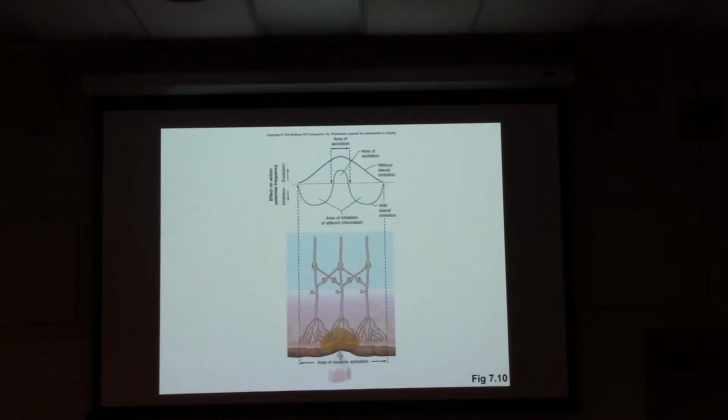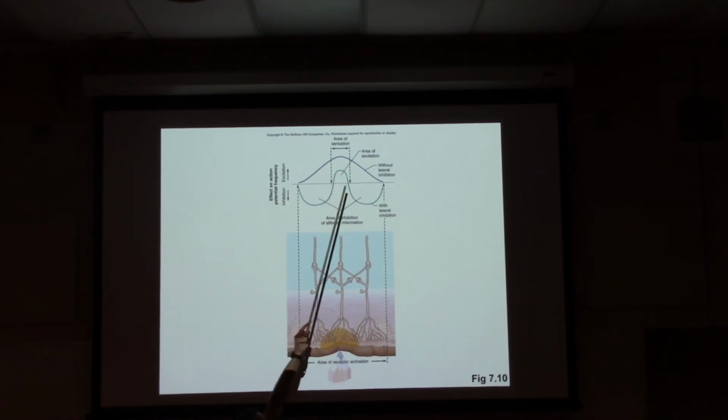This is just another way of representing what we just talked about. Here we're getting stabbed by a pencil, and the center neuron is going to take most of the stimulus, and we've got this lateral inhibition going on to shut down the neighboring neurons. The blue curve at the top shows what the response would be without lateral inhibition.